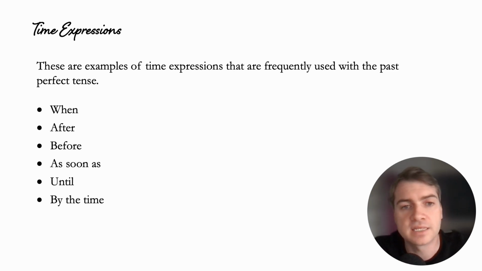Now, some of these can also, of course, be used with the present perfect, and that's where you have to look for the keywords of, was there some past simple action that happened and we're talking about a situation before that, okay? That's where it's going to come in key: we have to see when we have one of these keywords along with something that was past simple, because now we're talking about something that happened before that or a situation that lasted up until that point in the past.